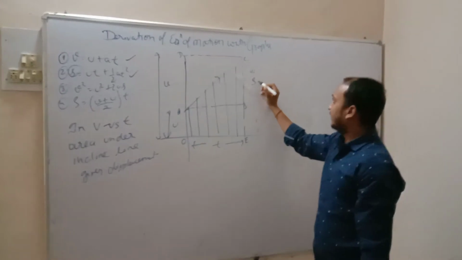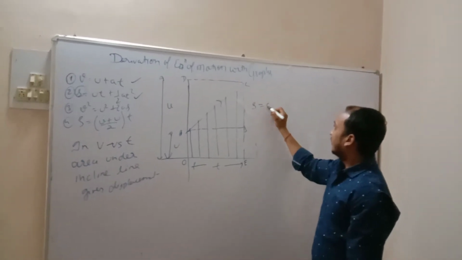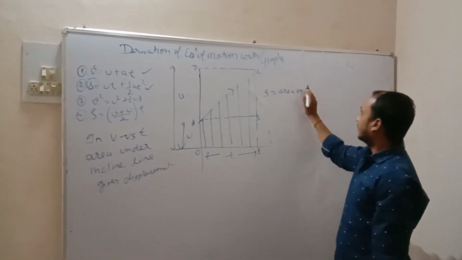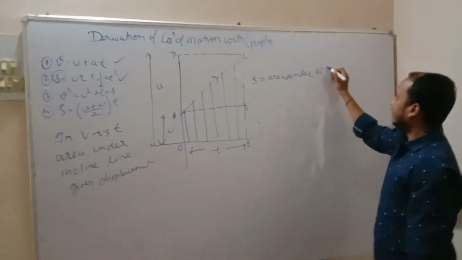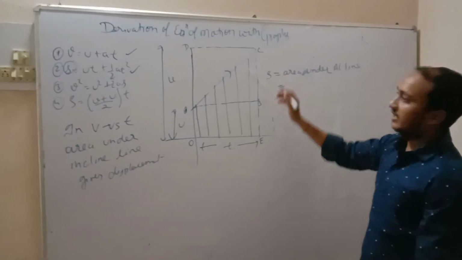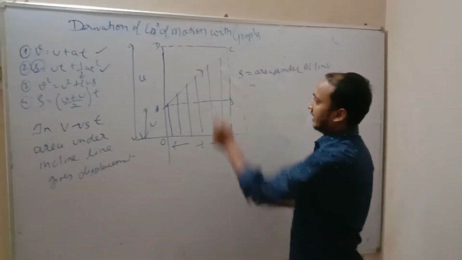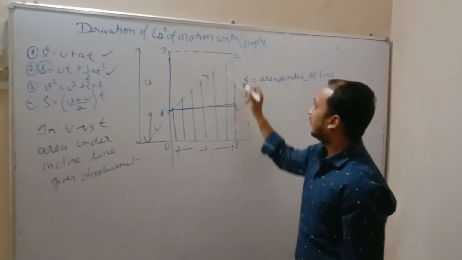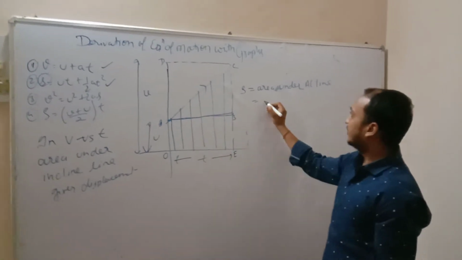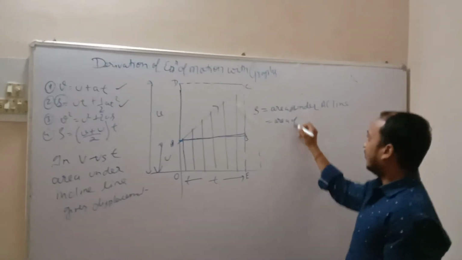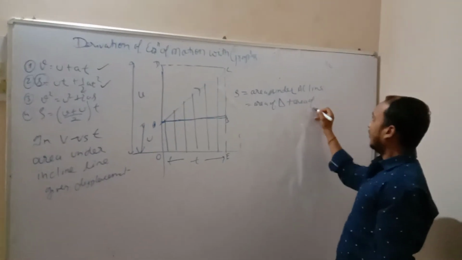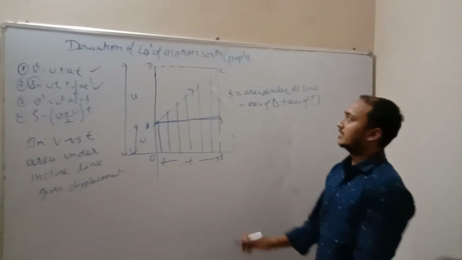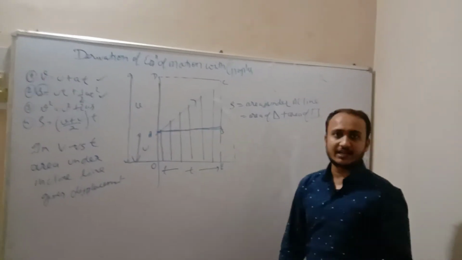So displacement is the area under the AC line. And the area under the AC line is the area of triangle plus area of rectangle. Friends, this is the triangle and this is the rectangle.